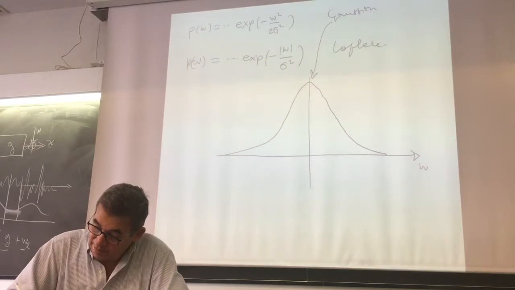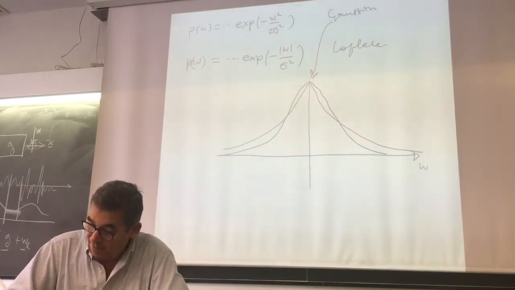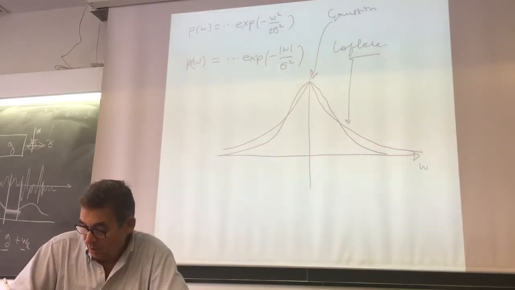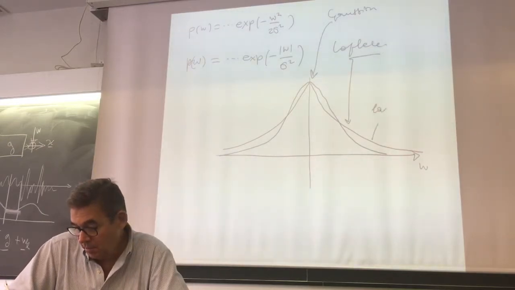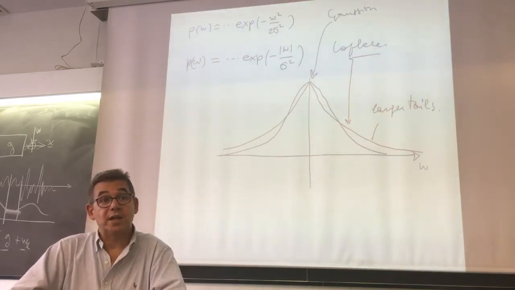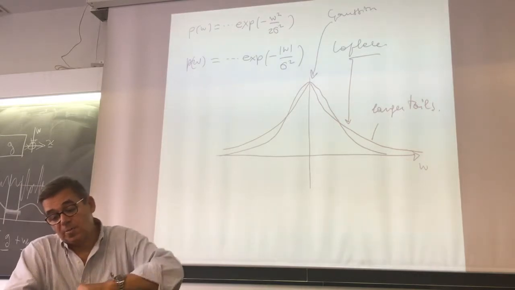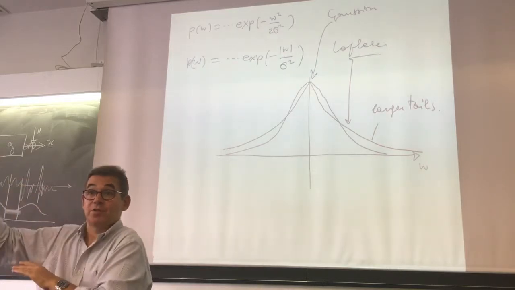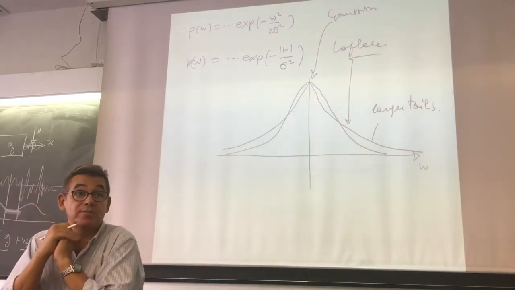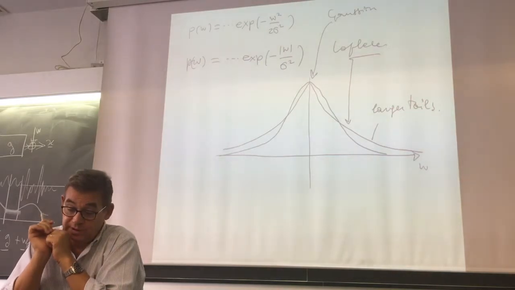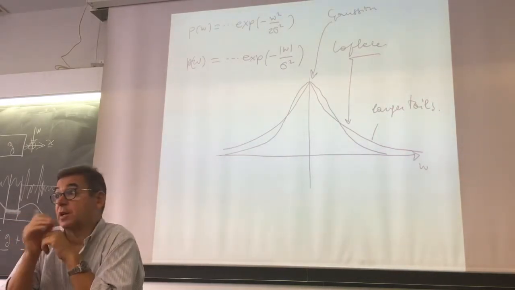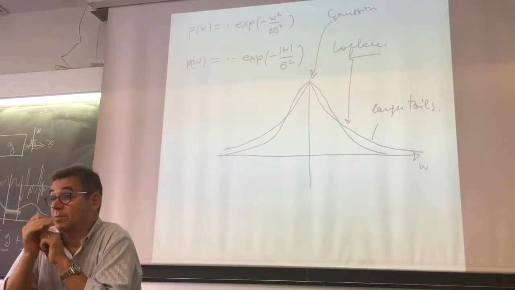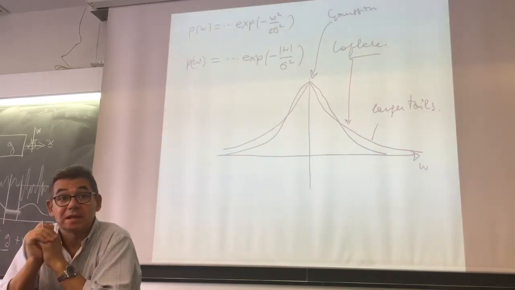The Laplace is characterized by having a larger tail. What does it mean, larger tails? It means that, in the Laplace distribution, I might have bigger amplitudes, bigger than the Gaussian. So it's peculiar in this sense, because the Laplace has a bigger tail.